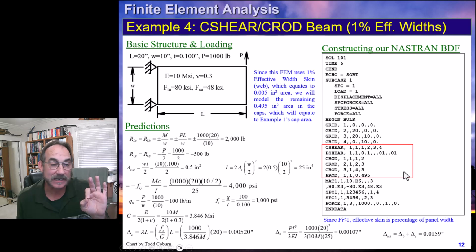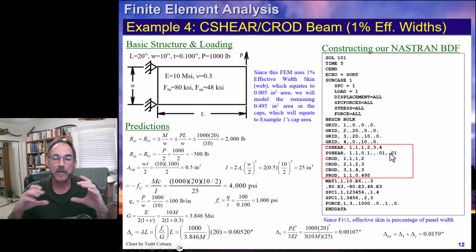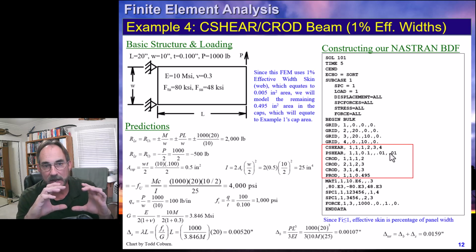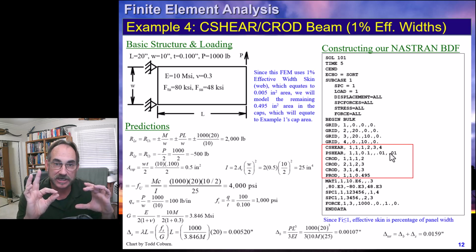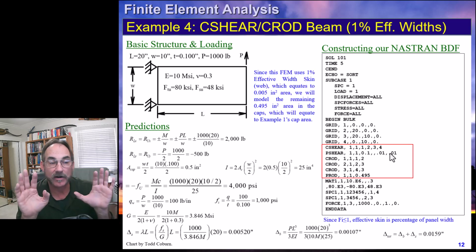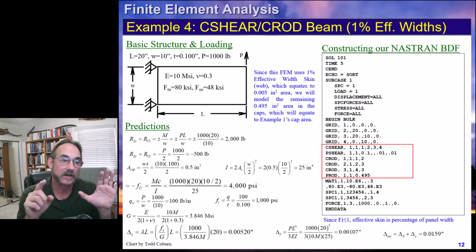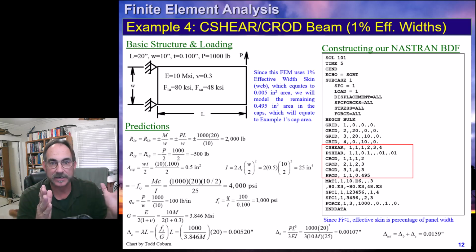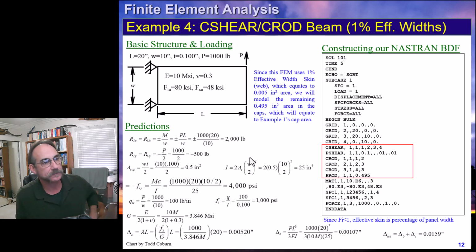Now we did it differently because in this case, we now modeled those rods with CRODs and we augmented them with just a little bit of PSHEAR effective width. But the cumulative effect of the CSHEAR panel's area and the rod area is the same total area as our original model, 0.5 inches squared. Hence, same predictions. Let's look at our results.